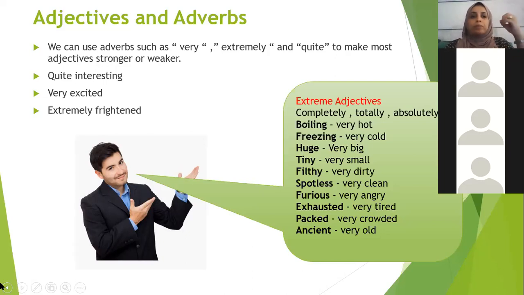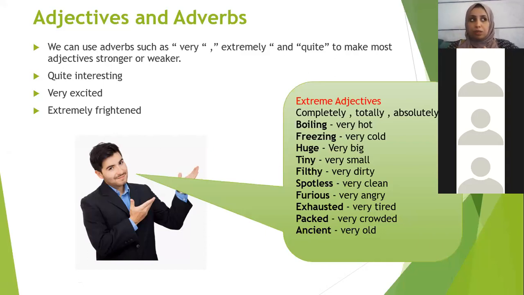It is. But please don't overuse it. Not in every sentence. Extremely nice, very good. No, it becomes lame, boring. So don't do it a lot. Some examples: quite interesting, very excited, extremely frightened.